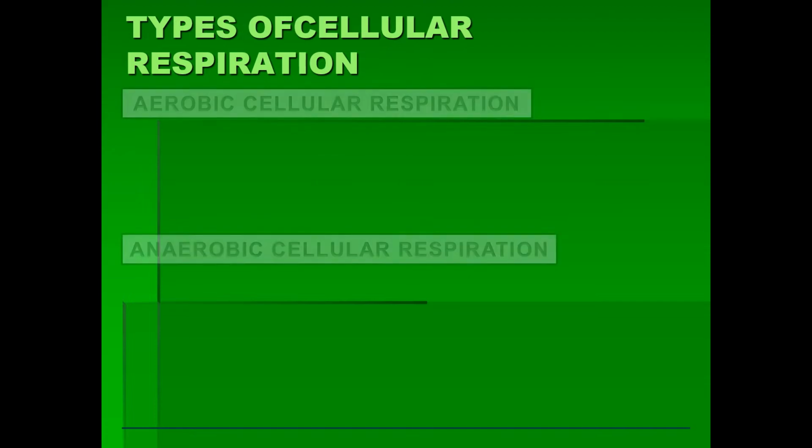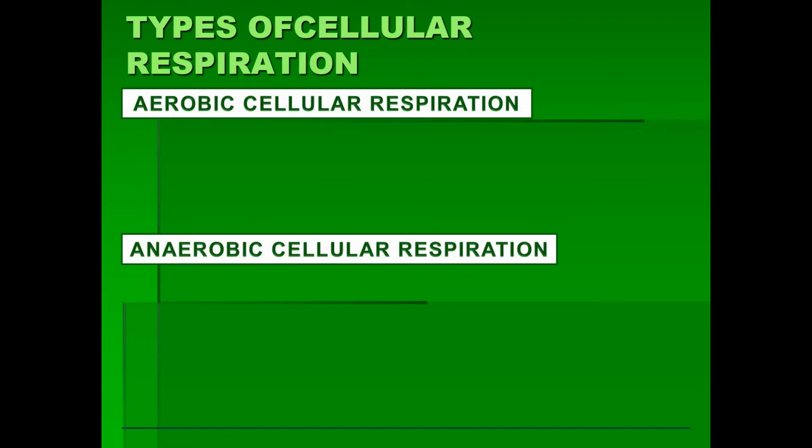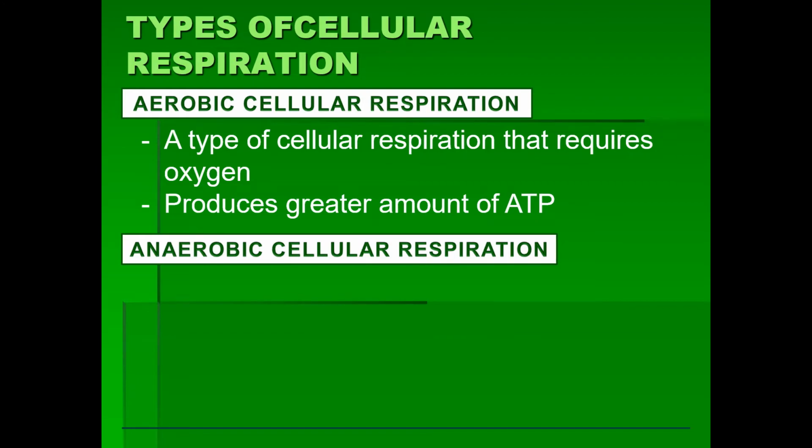So class, in this slide, we will be discussing the types of cellular respiration. Note class that cellular respiration has two types. It could be aerobic cellular respiration or anaerobic cellular respiration. Aerobic cellular respiration is a type that requires oxygen.